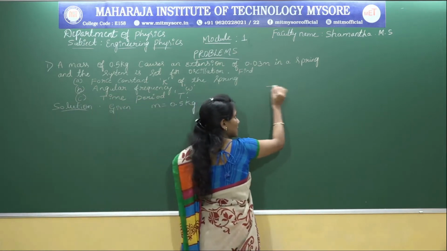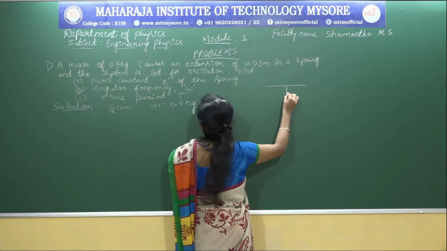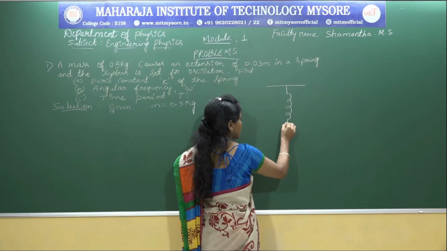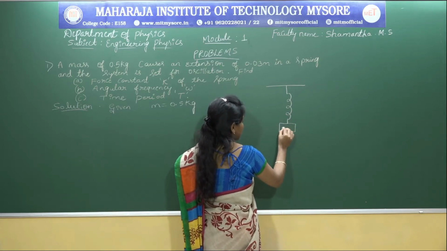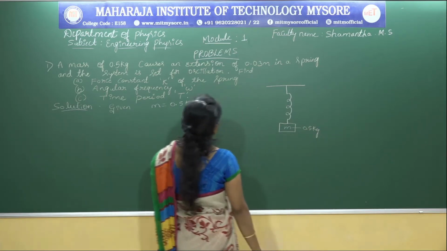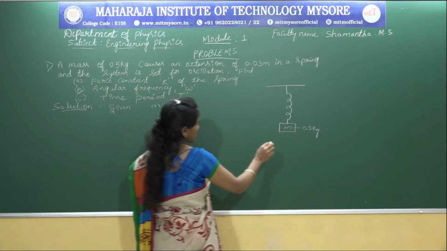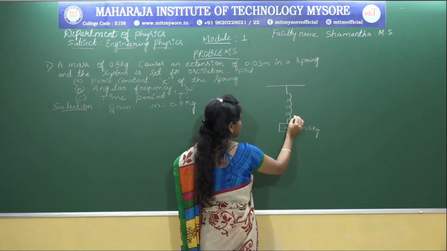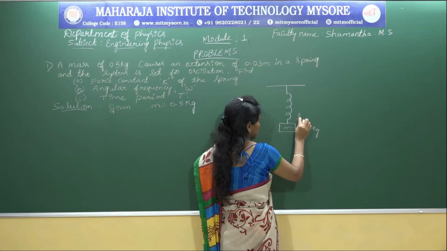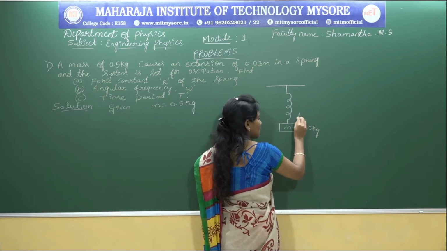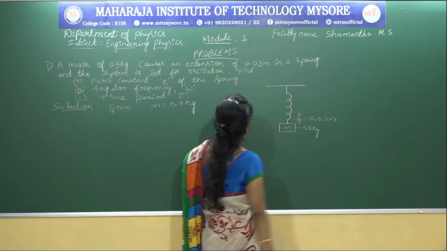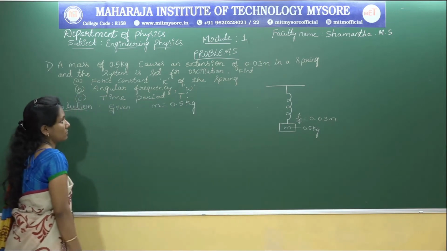If we show it in a diagram, a spring is attached with the mass of 0.5 kg, and due to that mass the extension of the spring is 0.03 meter, and the system is set for oscillation.